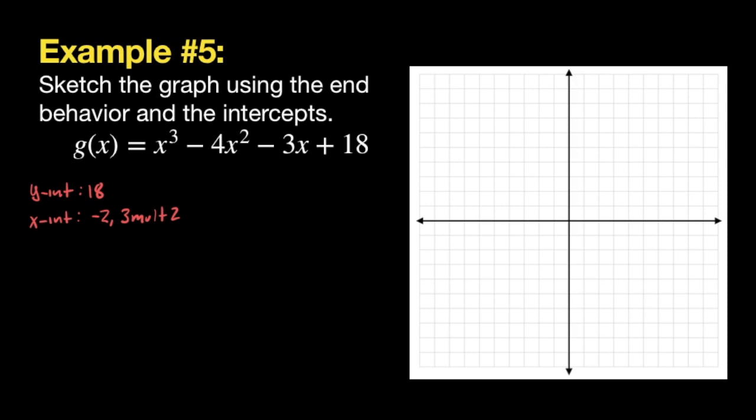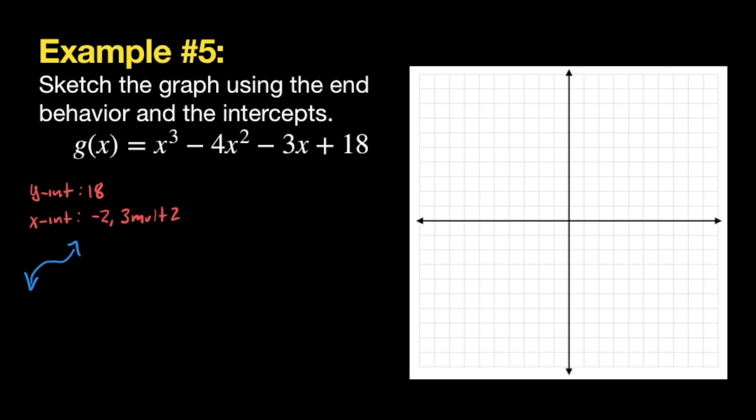And we also know the orientation of the graph. We know that it's going to start from below and it's going to go high. And now in this case, you can see that our y-axis doesn't have 18, but we're doing a quick sketch, so that means that we don't have to be 100% precise.